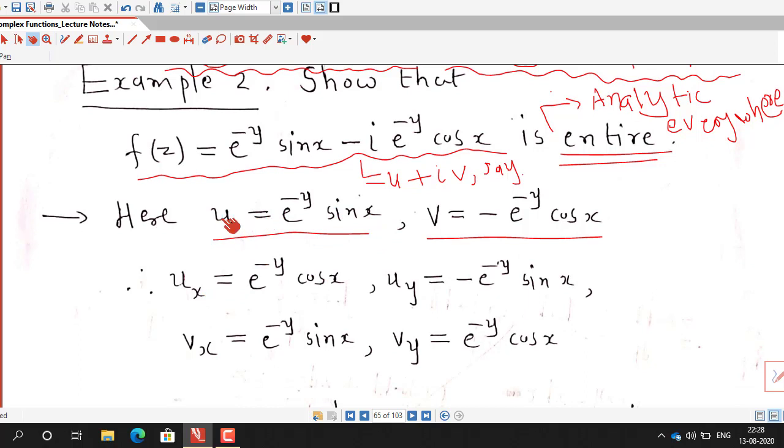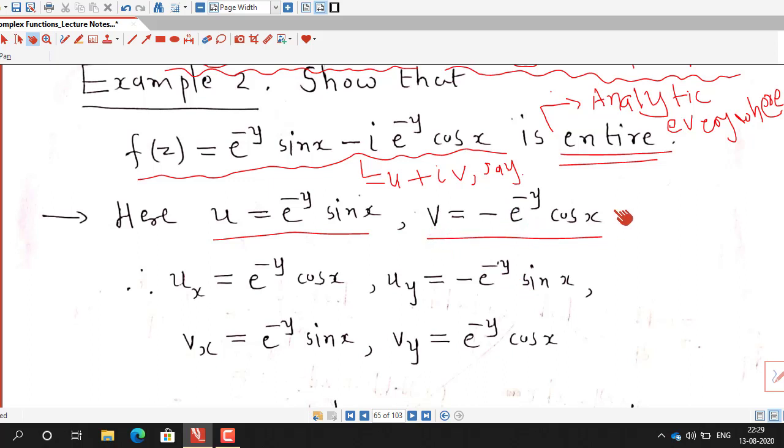So if we differentiate u with respect to x, we will consider y as constant. So therefore e raised to minus y is constant and derivative of sin x is cos x. Similarly, if we differentiate u with respect to y, then we consider x as constant. So sin x is constant and derivative of e raised to minus y is minus e raised to minus y.